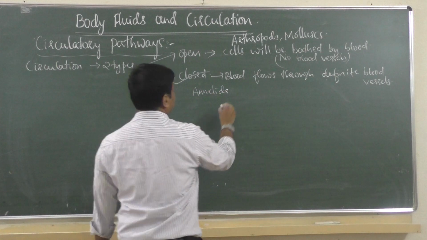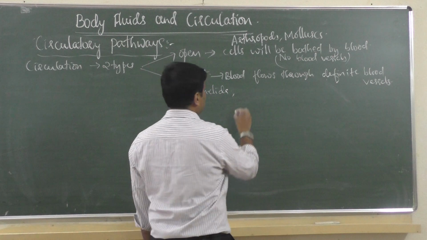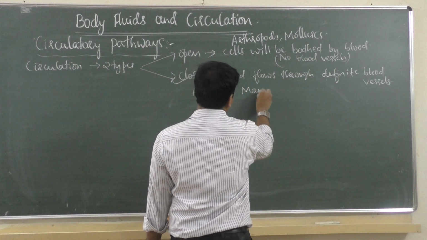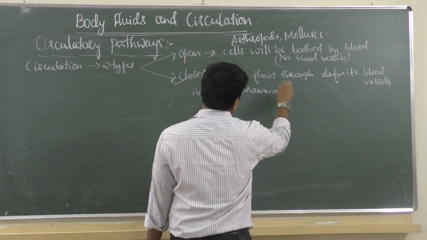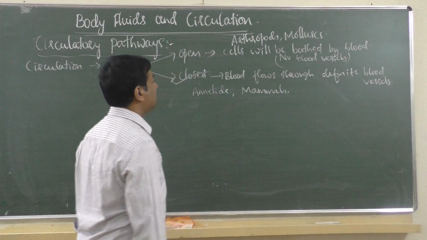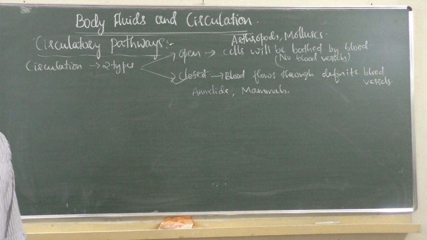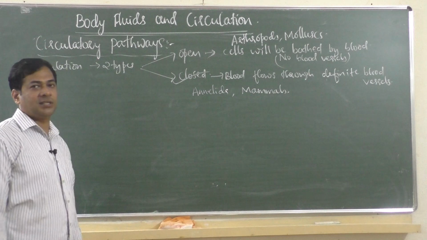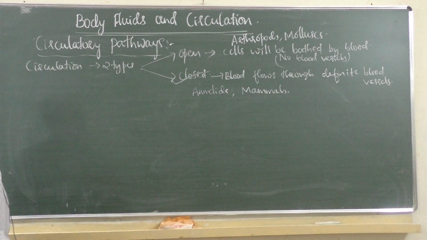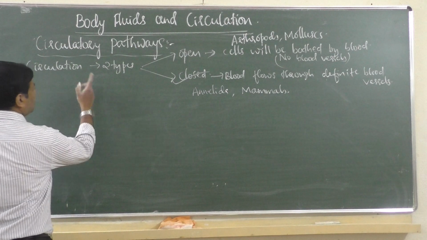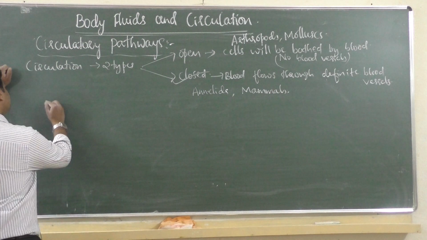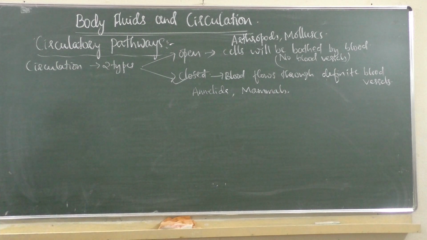Annelida, then mammals, birds, all that have a closed circulatory system, especially humans. Then types of circulatory pathways, if we see in different organisms, all the vertebrates have a muscular chambered heart.